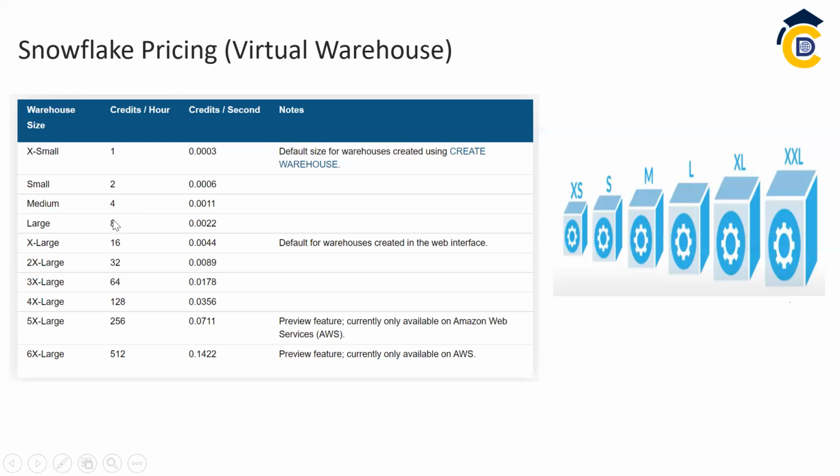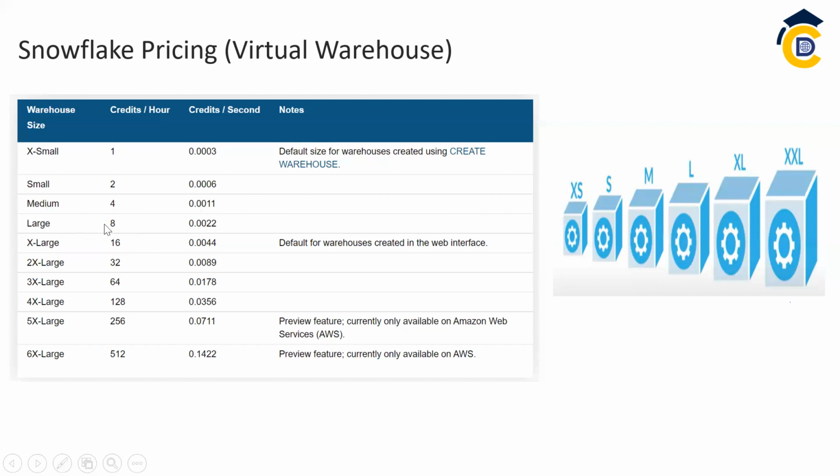If you are using only 1 node in that 8 node cluster for 1 hour, you will still pay 8 credits per hour. So it is not based on the node, it's based on the warehouse, right? Yes.